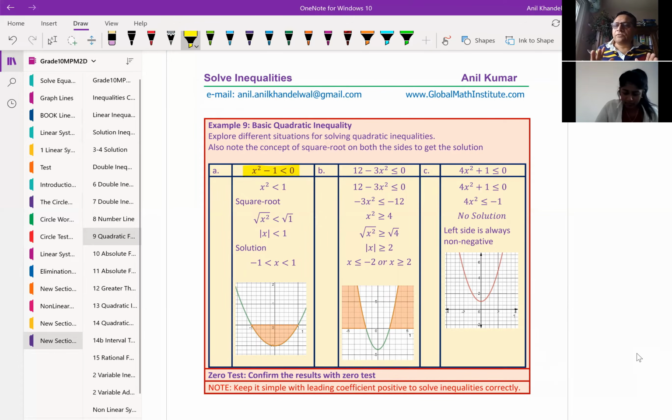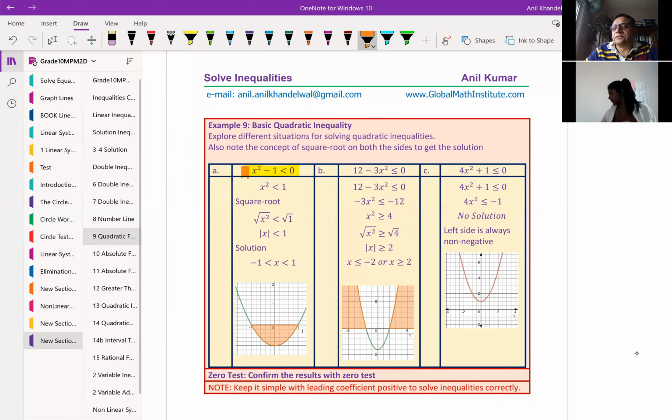Now, this concept of within only works if and only if the leading coefficient is positive. Do you see this is positive, not minus x squared, right? As in a parabola. If I write minus x squared, the parabola is going downwards, right? The things change. Perfect. So the concept which I'm talking about, keep in mind that the leading coefficient should be positive.